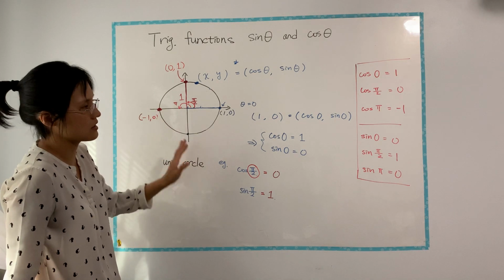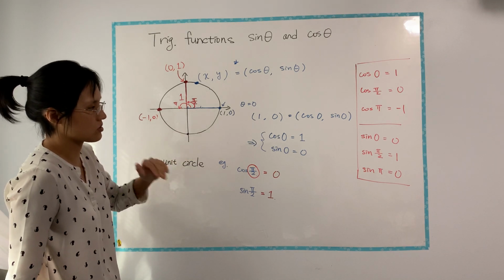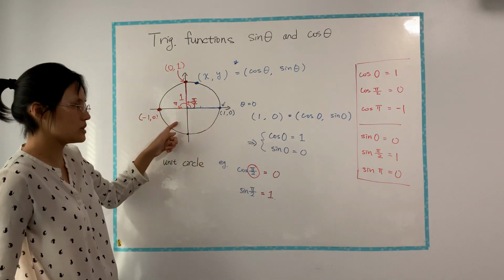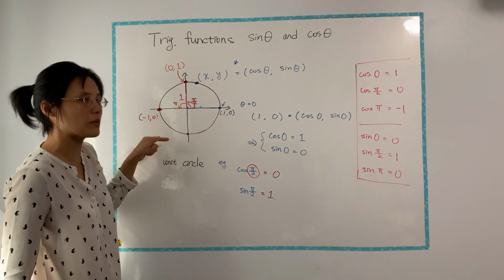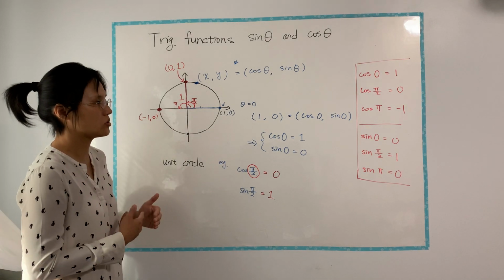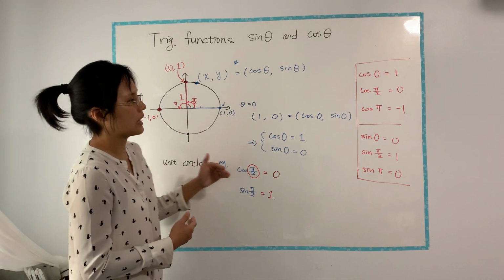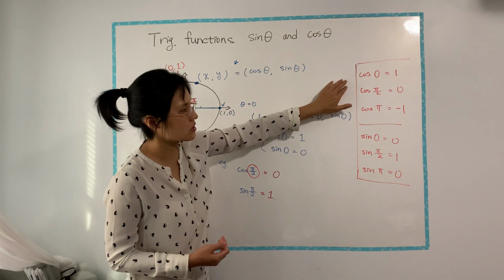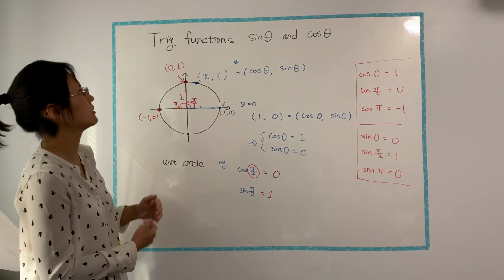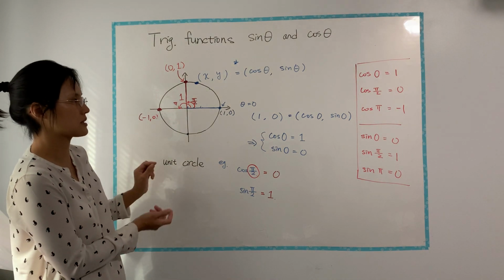Just in case at some point you are stressed out during the test or whatsoever, you're not sure if your solution is right, then you can always use the unit circle to double check. But for you to speed up and be able to answer questions very quickly, promptly, ideally I would suggest you also memorize these values. Okay, so that's a very brief introduction to the trig functions, the sine and the cosine.